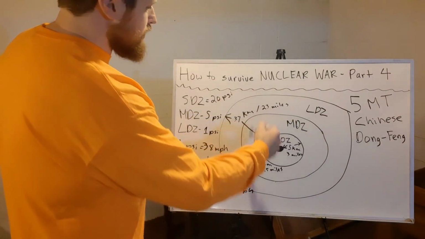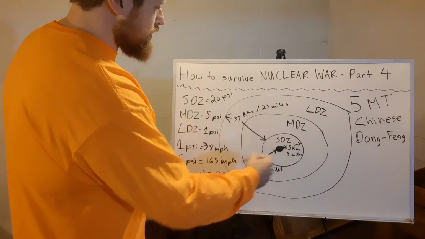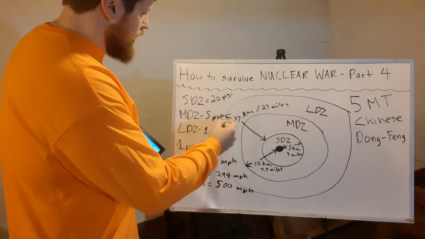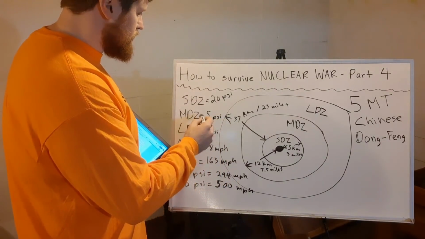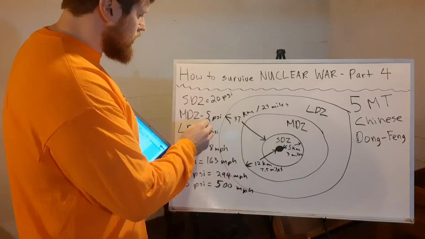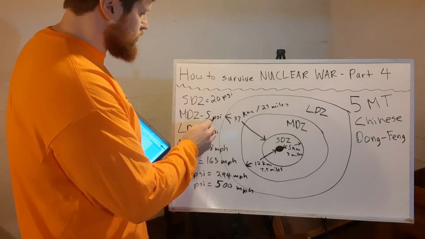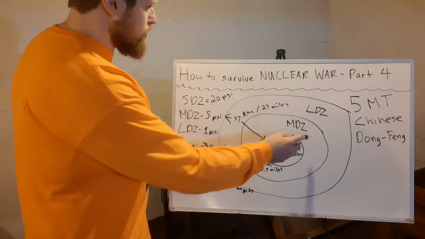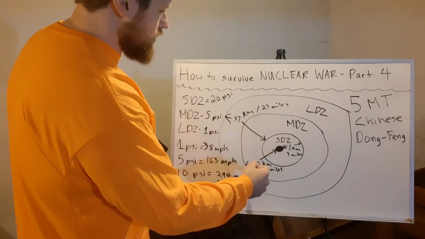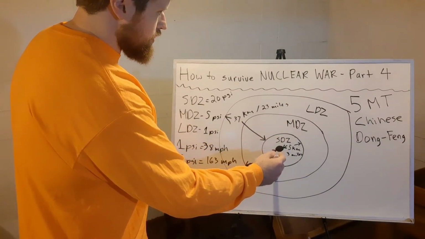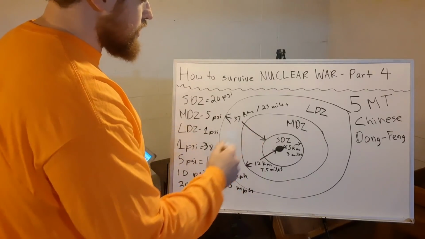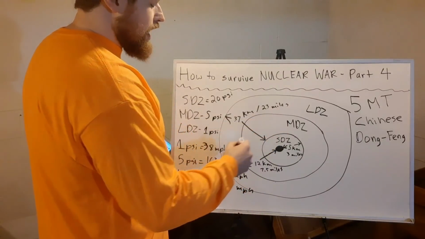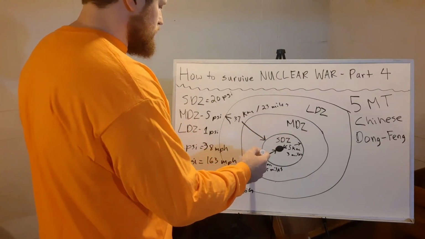So within the moderate damage zone, or within 7.5 miles of the detonation point, you could possibly rupture your eardrums. There's a 50% chance that you can rupture your eardrums at 5 psi of overpressure. So if you're within 7.5 miles of the flash point of this 5 megaton Chinese nuclear warhead, there's a possibility you could have ruptured eardrums.